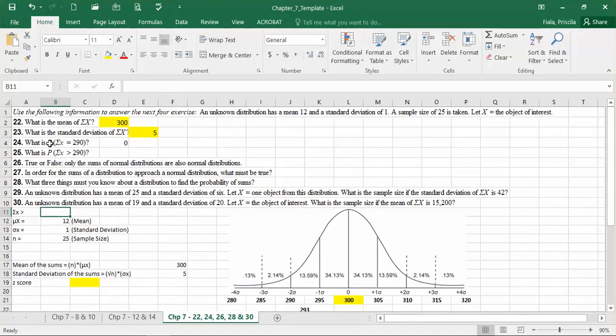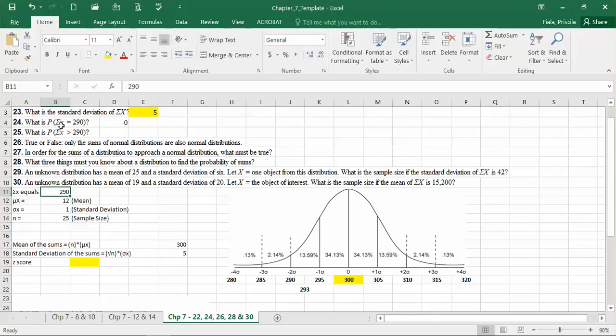So right here it is asking, what is the probability the sum of values is equal to 290? I cannot put the equals symbol because it changes, it's a matter of character code, so we're just going to put equals to 290.